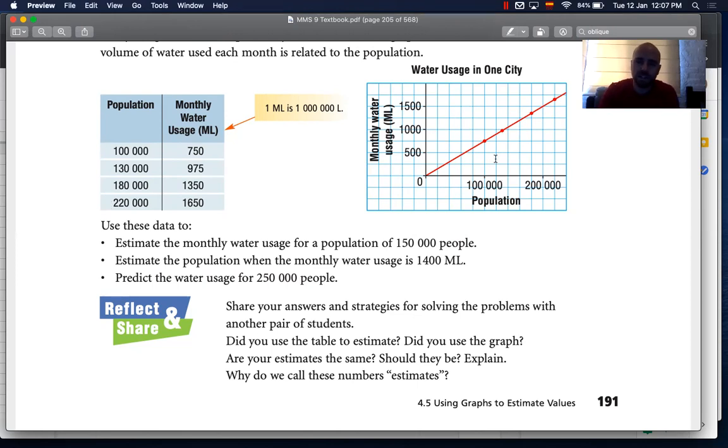So when we look at this graph, we can use it to determine certain things. One of the first things it wants us to do is estimate the monthly water usage for a population of 150,000 people. As we see, we don't have 150,000 people on our input-output chart, but we can estimate. This is broken up into 5 sections, so every section is roughly 20,000 people.